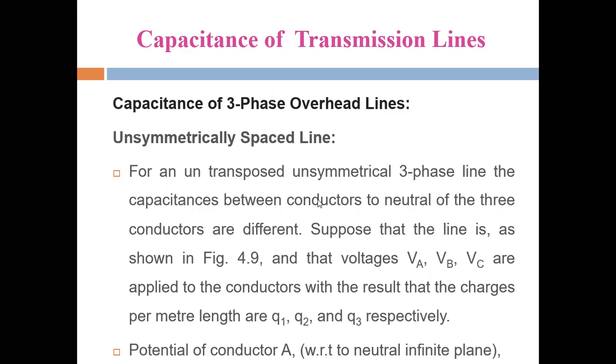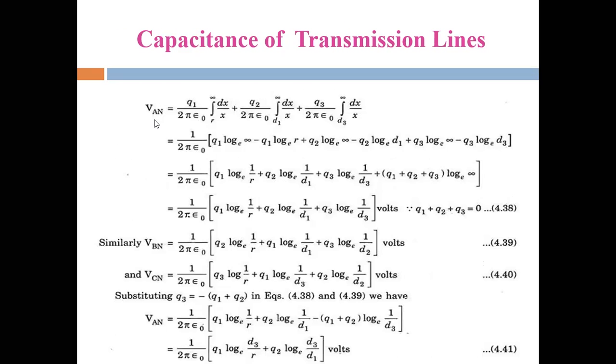In the previous case we already derived the voltage for A to N. Therefore the potential difference between conductor A and the neutral point is Q1 by 2 pi epsilon naught integral from R to infinity, where R is the radius of conductor A, dx by x, plus Q2 by 2 pi epsilon naught integral from d1 to infinity.